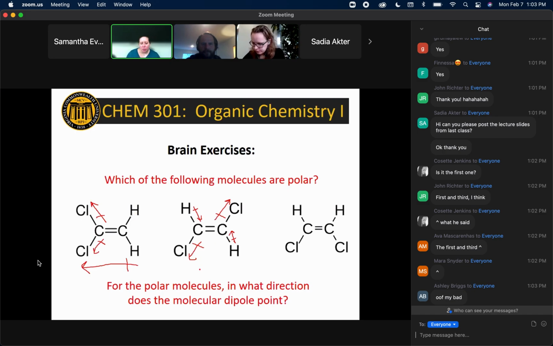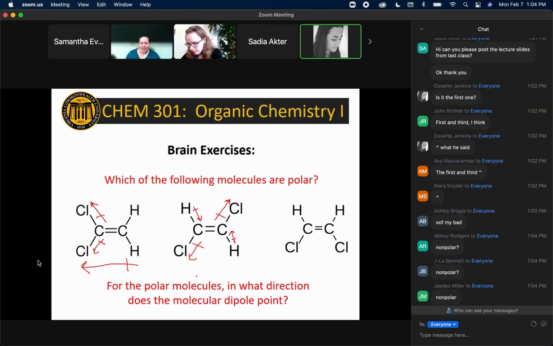Is it polar or non-polar? Anybody? Is it non-polar? Yeah, that's right. This one is non-polar. And that's because the dipoles cancel out because they're pointed in opposite directions, directly opposite directions. And so they'll cancel each other out.